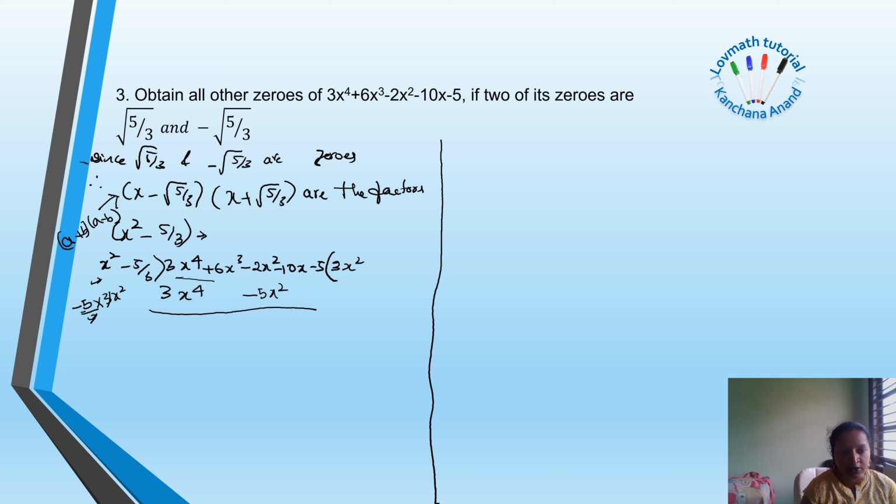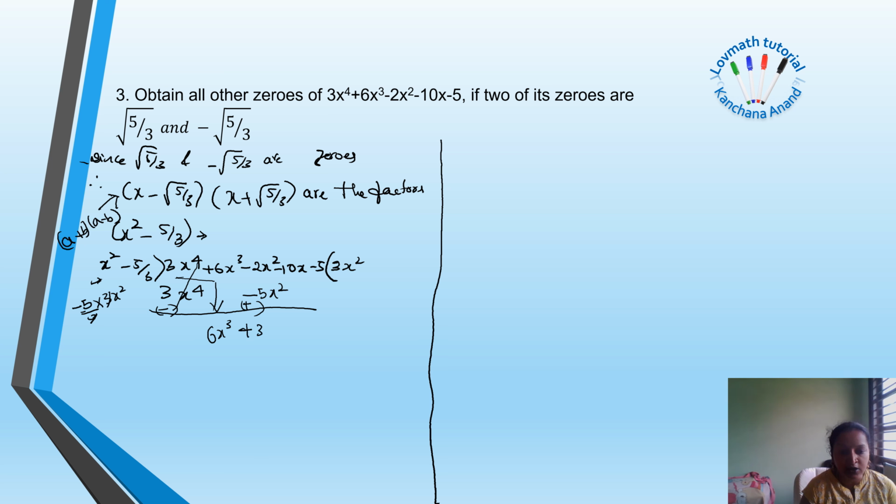Now let us subtract this. Here plus 3x to the power of 4 becomes minus 3x to the power of 4, and minus 5x square becomes plus 5x square. And now 3x to the power of 4 and minus 3x to the power of 4 get cancelled, and we'll write plus 6x cube as it is, and here minus 2x square plus 5x square, the value is plus 3x square.